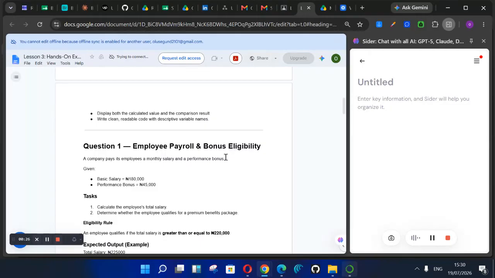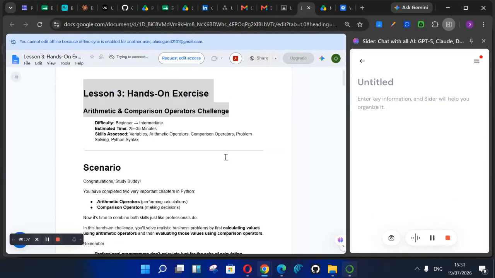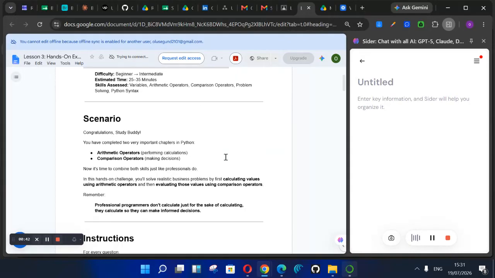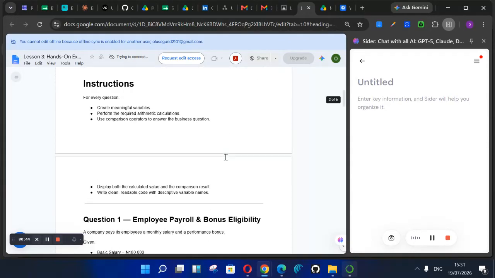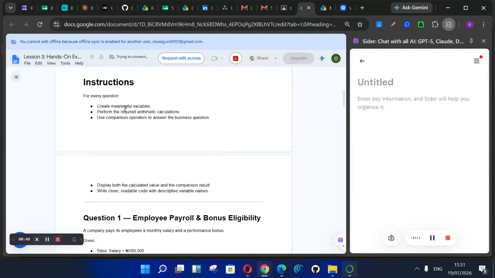So for question one, they say employee payroll and bonus eligibility. Like I said, we are working on the arithmetic and comparison operators challenge. Let's look at the instructions.